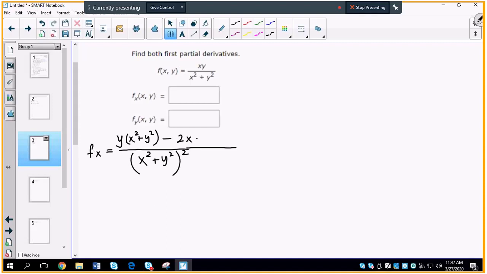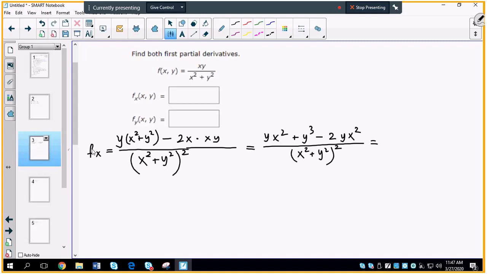And then I multiply the top, which is xy. Simplify. So you get, on the top, yx squared plus y cubed minus 2yx squared all over x squared plus y squared all to the power 2.